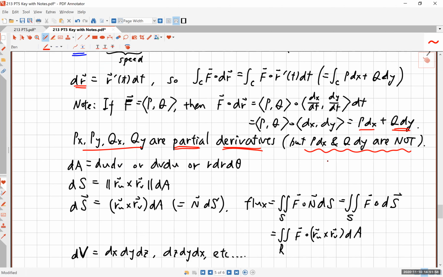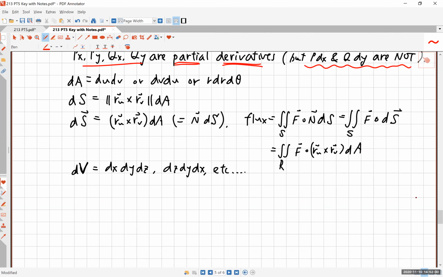And all of these, you should know the difference between these things. I think that is pretty much all you have to know. The book sometimes confuses these two. dS is simply a way of writing the surface differential for surface integrals. But in reality, anytime we talk about a surface in three-dimensional space, we use u and v as our parameters.